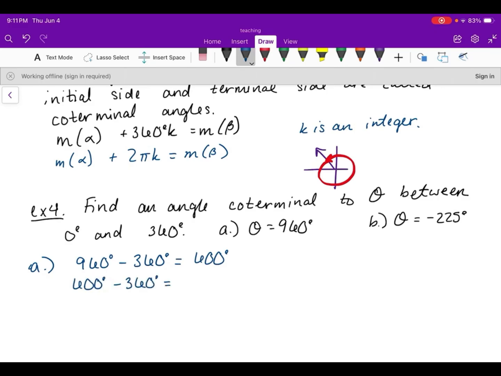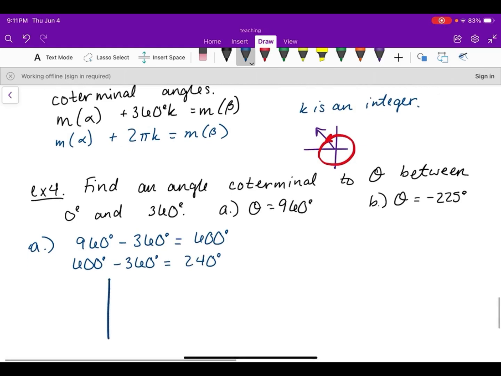Now 600 is still a bit too big, so we can subtract 360 again, which gives me 240. 240 is between 0 and 360, so that's the angle we were looking for.